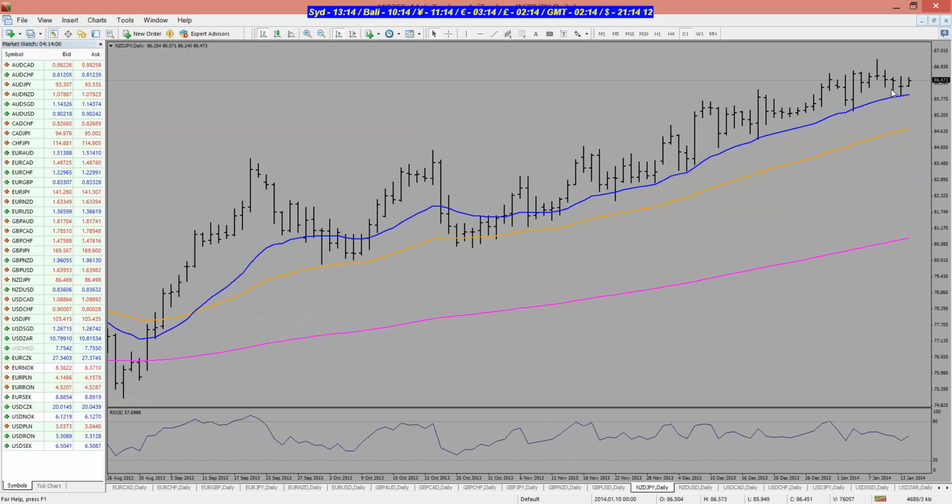Some of you would be looking to potentially take this short as a phase 2, but personally I can't see anything in that, and there's nothing there that fits the rules just yet.